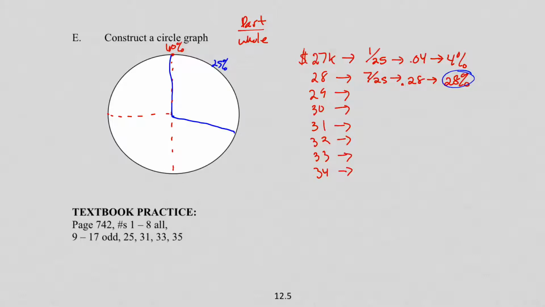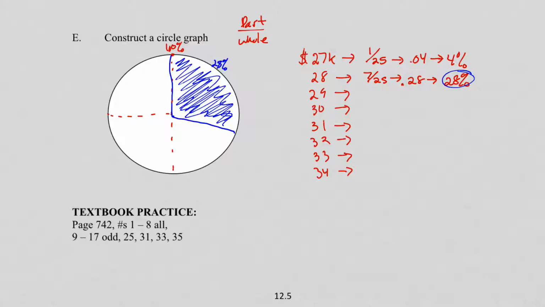So this is our biggest category, an approximate 28%. Now, let's figure out the other percentages.